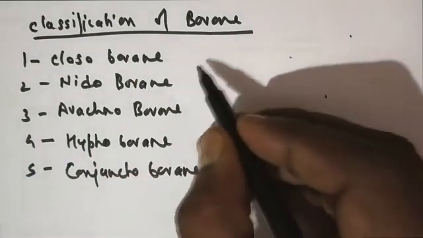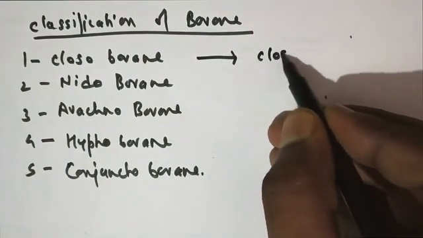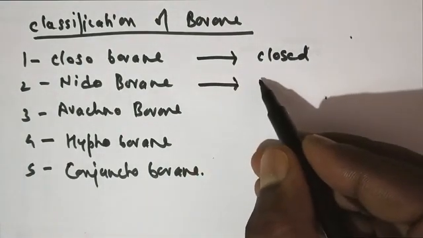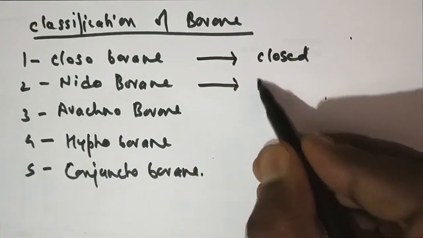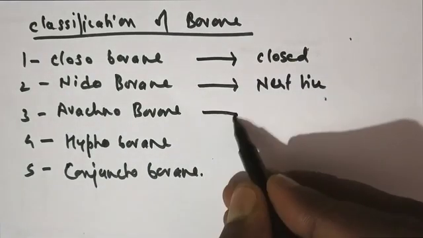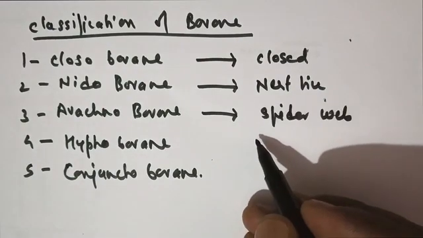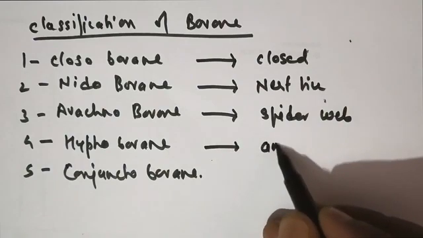If you see the closoborane, its structure is closed type, that is, its geometry is closed type. The nidoborane has a nest-like geometry. The arachnoborane has a spider web-like structure. Hypoborane will be in the anionic form.